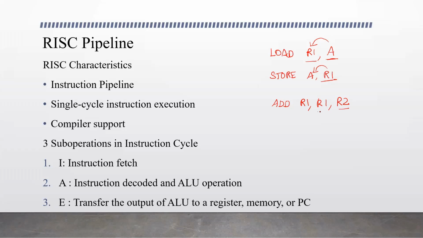It adds the contents of registers R1 and R2 and transfers the result to R1. This is an example of a data manipulation instruction in RISC architecture. Here we can't give instructions such as add R1, A, where A is a memory operand. Data manipulation instructions can operate only on data stored in registers. If the data is already in memory, it needs to be transferred to a register.